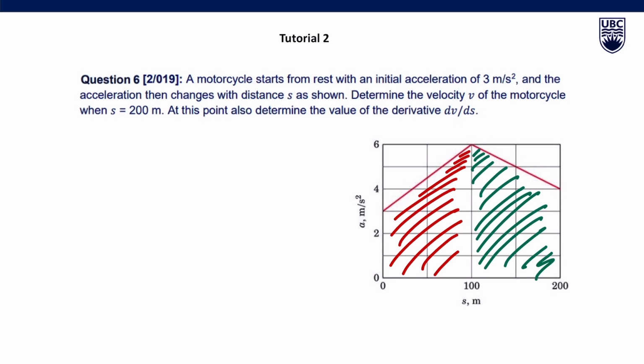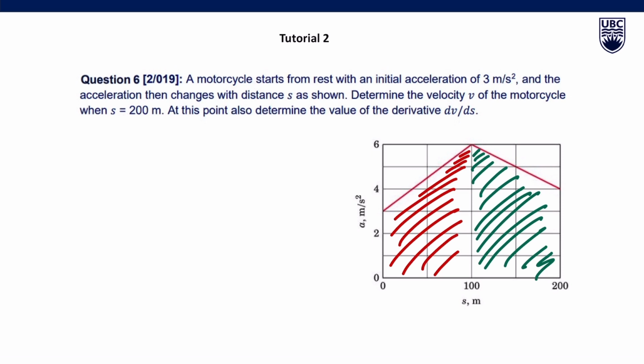So we need to look at this area. This area is key. It tells us the total change in velocity. Why? Because in physics, the acceleration is the rate at which velocity changes. When we add up all these changes over the distance traveled, what we're doing is integrating acceleration with respect to distance.